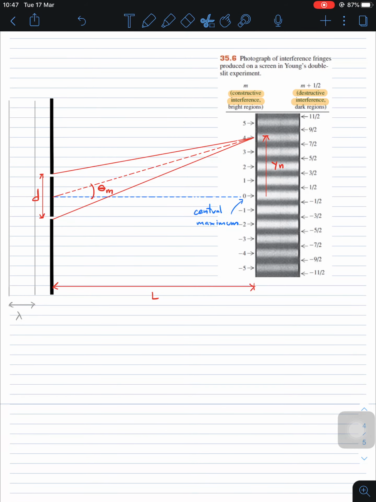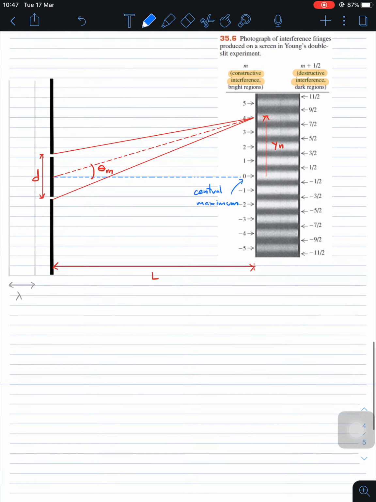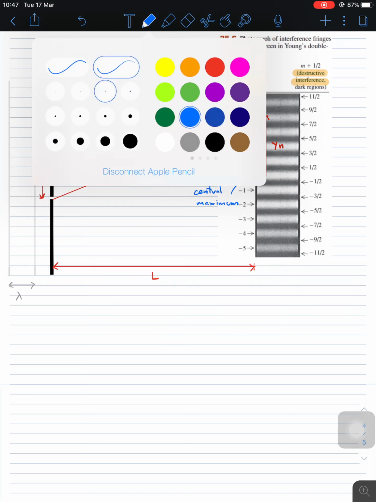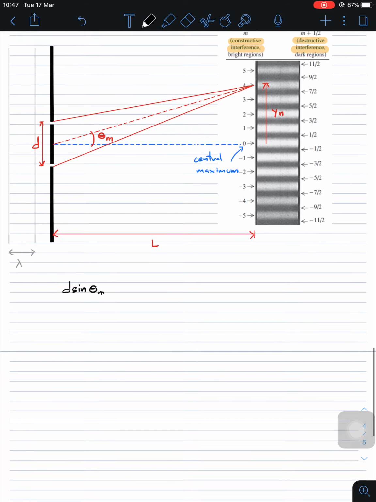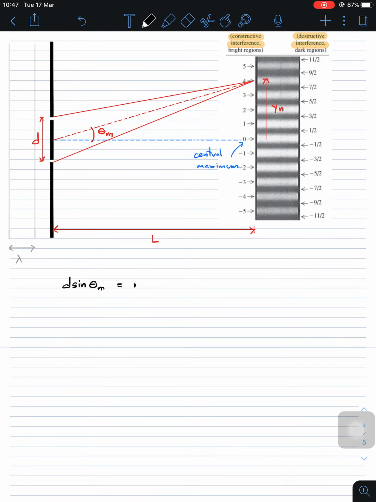Then we can have the relationship between these variables. Let me write it in the other way: d sin theta_m equals m times lambda.